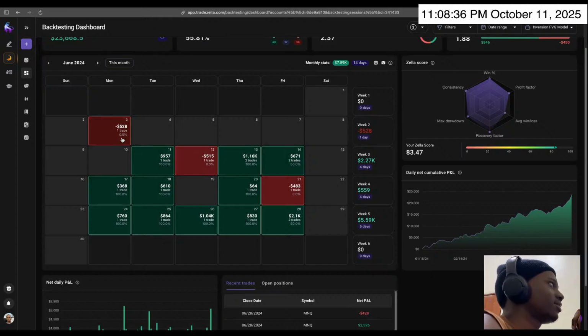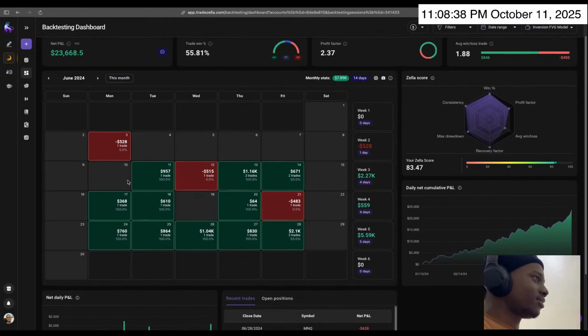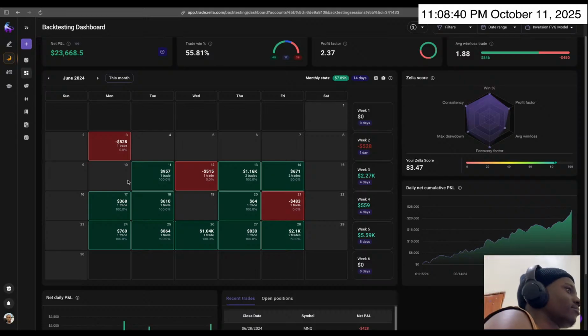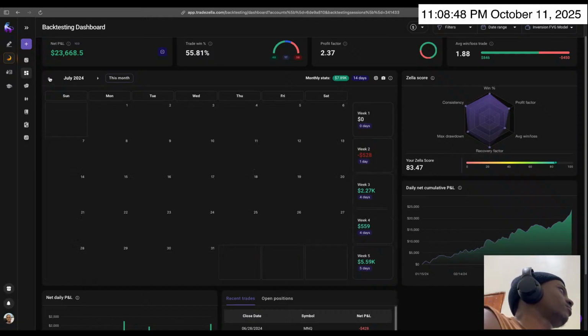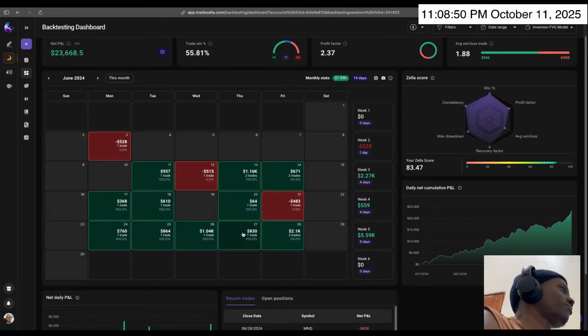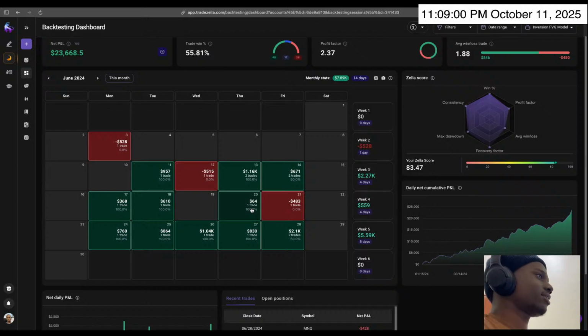Crazy trades. And I traded the whole 1, 2, 3, 4, 5 days. Jesus.